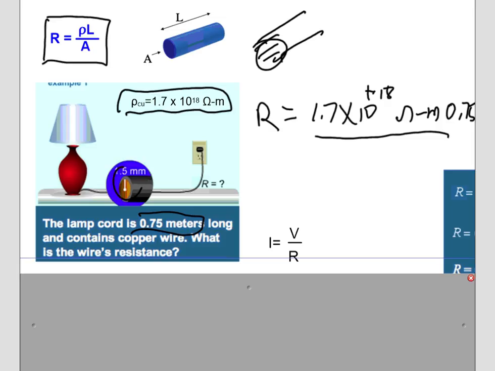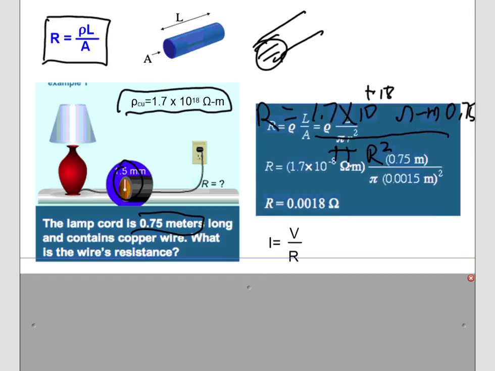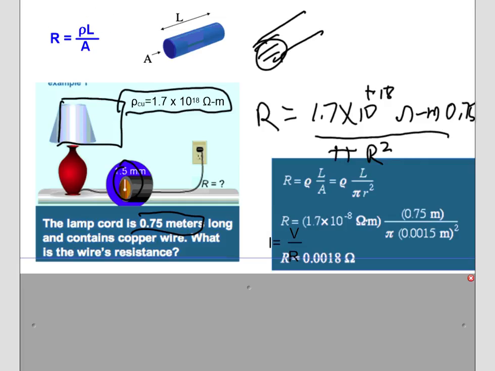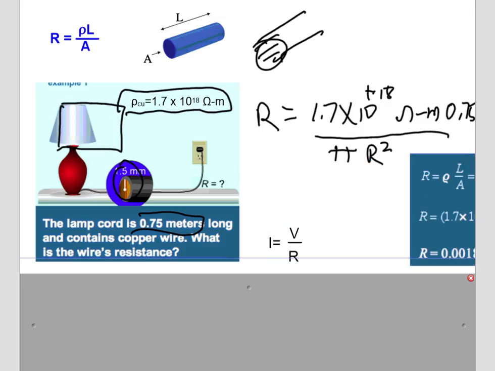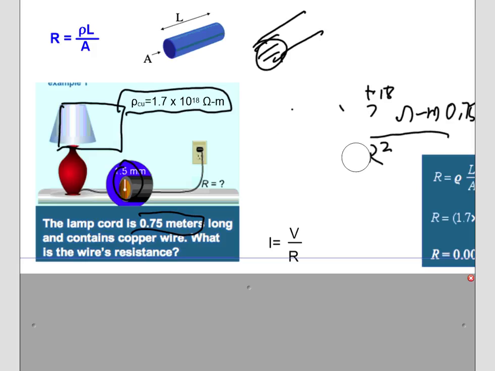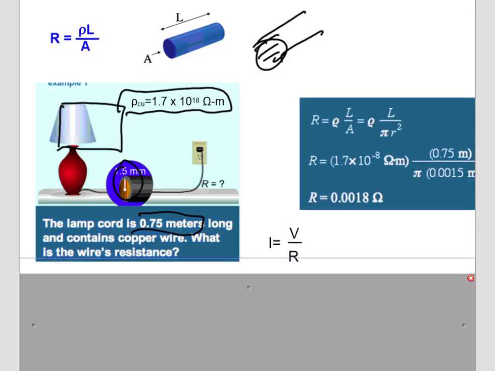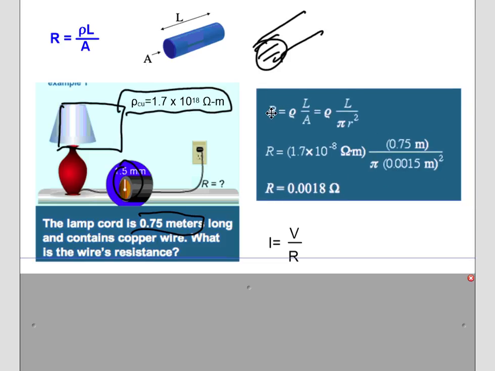Since this wire has a radius of 1.15 millimeters, the area is going to be pi r squared. We have to change the radius to meters. And if we do all that, this is what we get: .0018 meters.